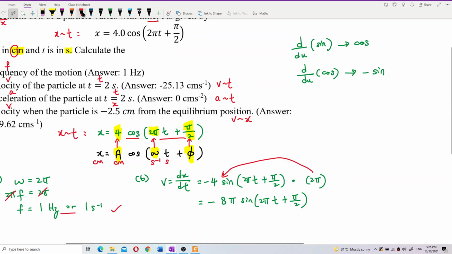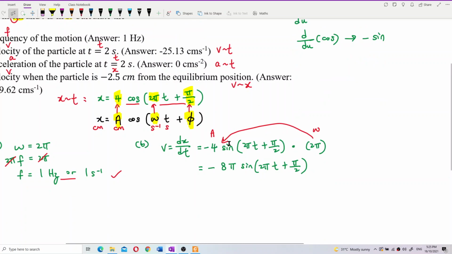This is the A and this is the omega, and then omega multiplied to the front. That's why here we have A omega. And this A omega is actually the maximum velocity.